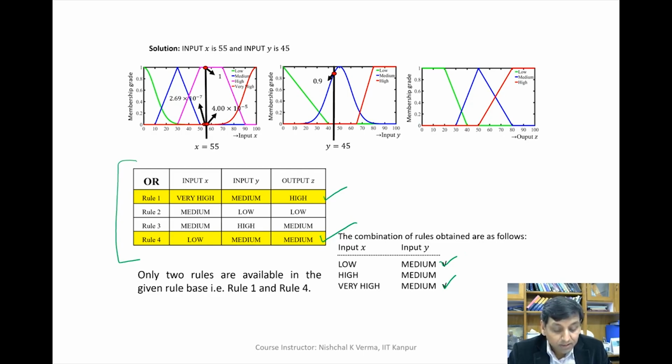When we look at the other combination, high, medium, which is not in the set of rules, we will discard it. So we'll only take rule number 1 and rule number 4, and proceed further.